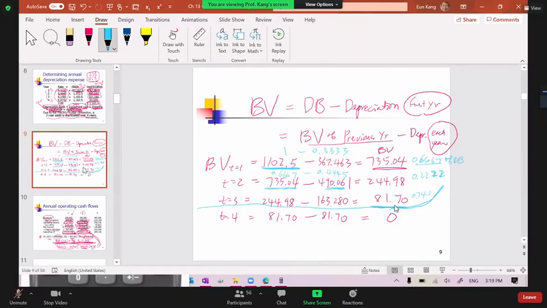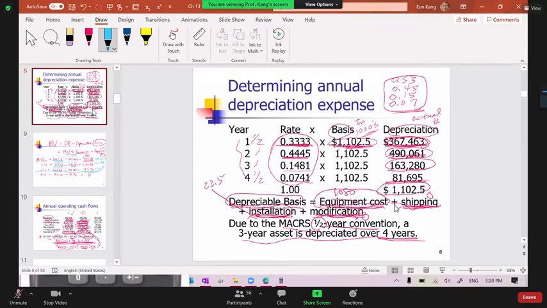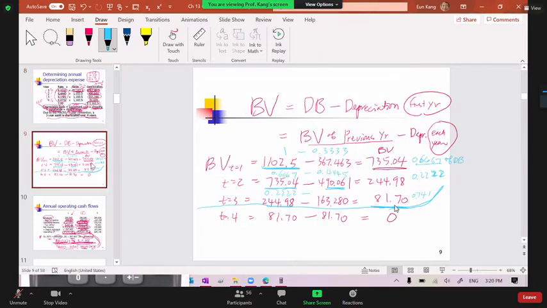Then this one is 0.2222. This is 244.98, which is 0.2222, minus 163.28. That is 0.1481, and that is 0.0741, right?